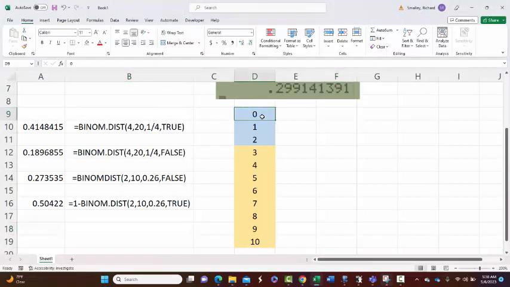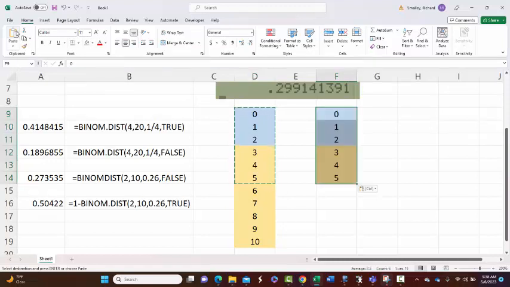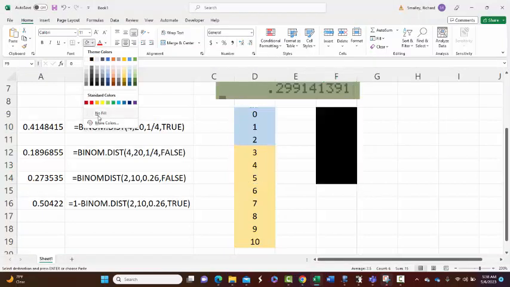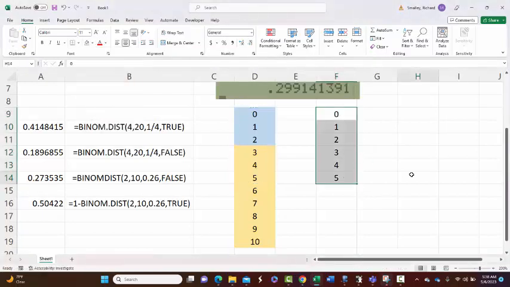Let me copy these. Yeah. I need the no fill. We'll copy these again, because I need 2 columns to illustrate this. Oh, well, okay, I messed up.